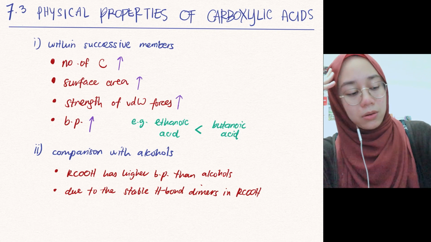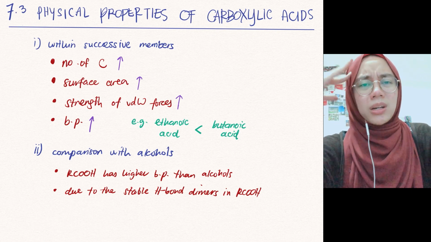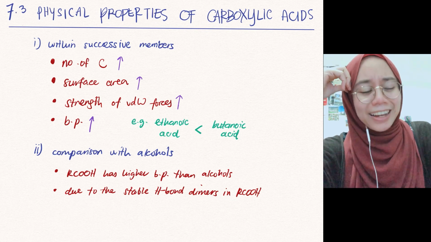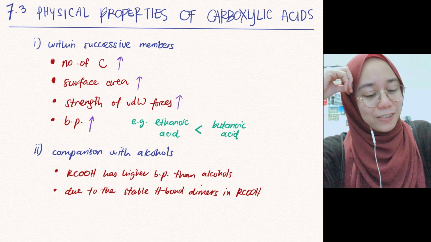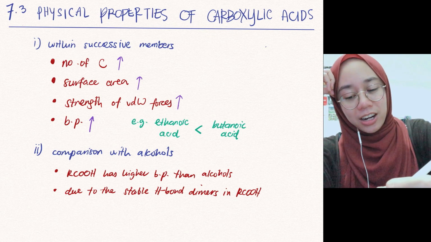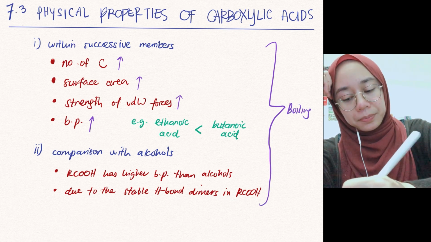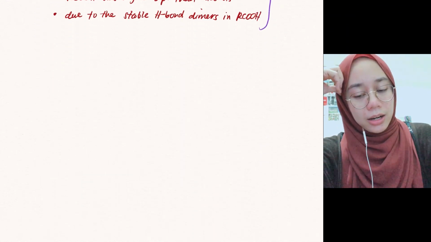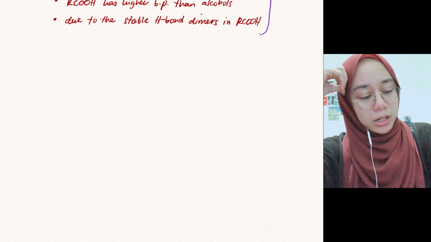Okay, so kalau contoh, memang carboxylic acid je lah menang. Okay, so abaikanlah yang tu. Okay, jadi ini adalah kalau untuk boiling point. Okay, and then kalau kita tengok pula untuk solubility.